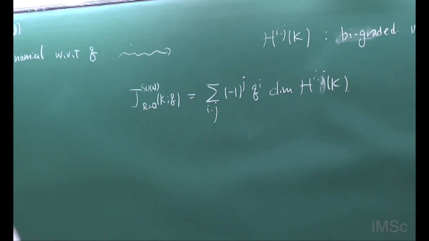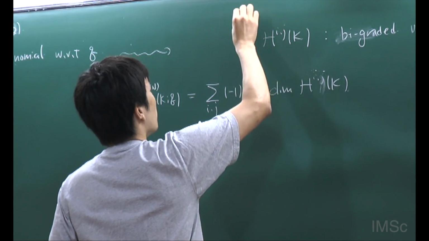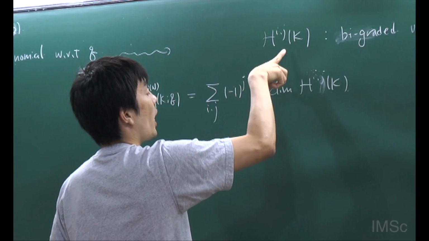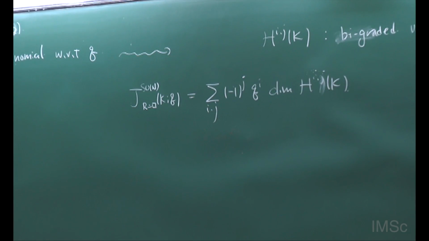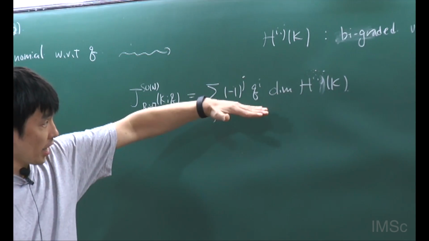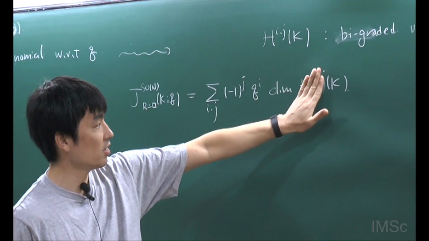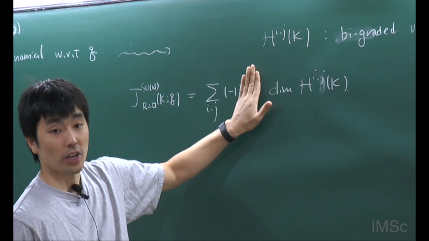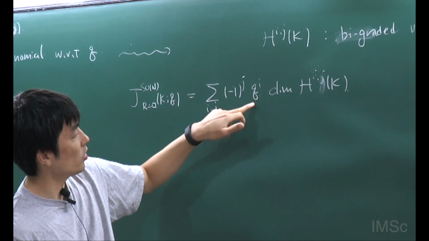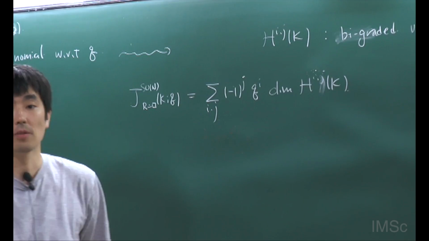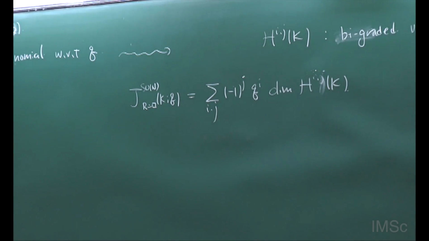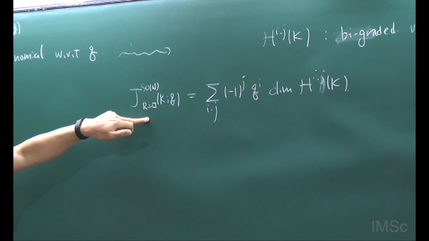So given the knot K, you can construct the bigraded vector space, called Khovanov homology, whose q-graded Euler characteristic is the quantum invariant of the knot. If it were singly graded, it would be just the Euler characteristic, but here you have a weight by q degree.